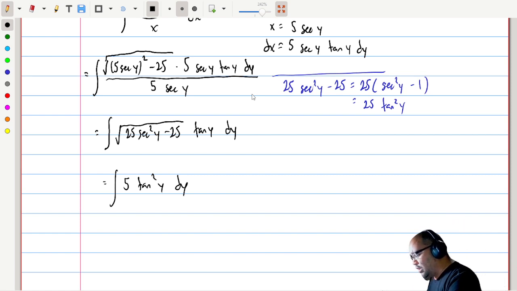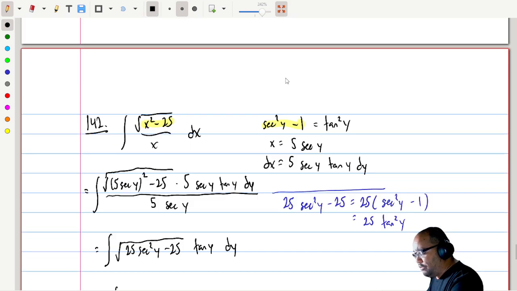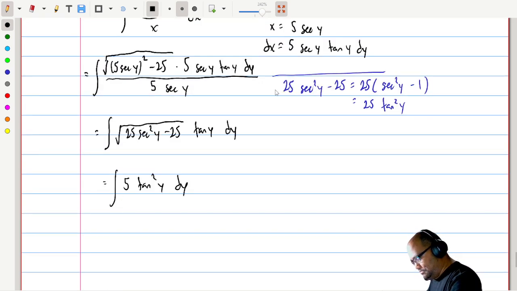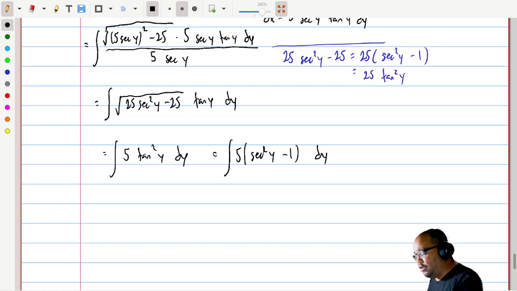So I'm going to rewrite tangent squared as secant squared minus 1, because I know how to integrate secant squared. Then you should see everything fall into place here. The integral of secant squared is tangent, minus the integral of 5, which is 5y.